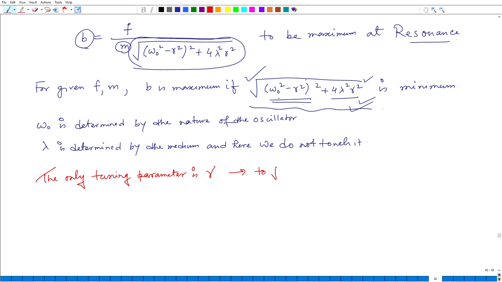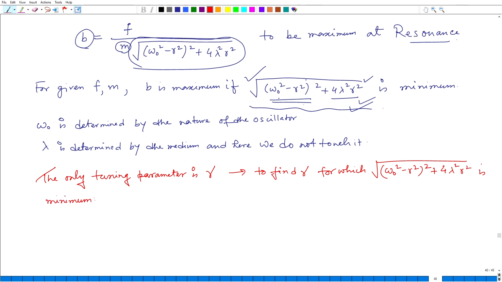So, to find gamma, for which this root over omega 0 square minus gamma square whole square plus 4 lambda square gamma square is minimum.